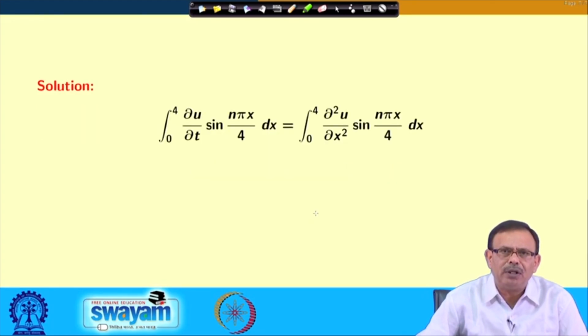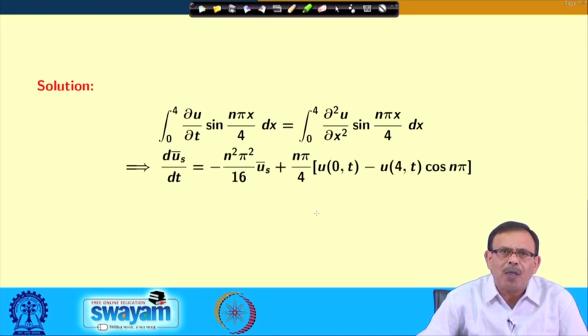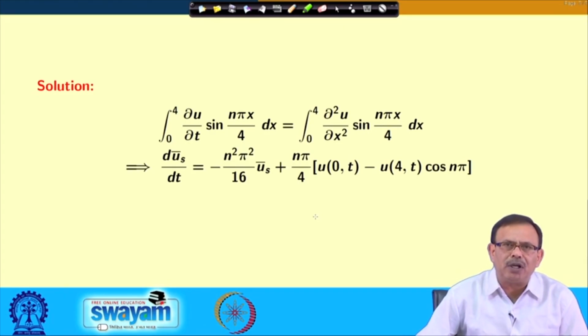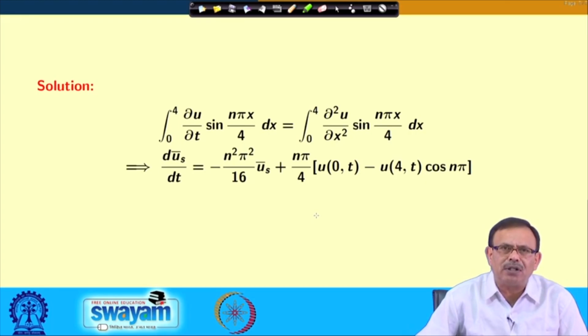Once I do it, I get the integral from 0 to 4 of ∂u/∂t sin(nπx/4) equals the integral from 0 to 4 of ∂²u/∂x² sin(nπx/4) dx. So, dū_s/dt will be the left hand side. I have already explained why d/dt of ū_s comes on the left hand side, and the ∂²u/∂x² term was also evaluated earlier.